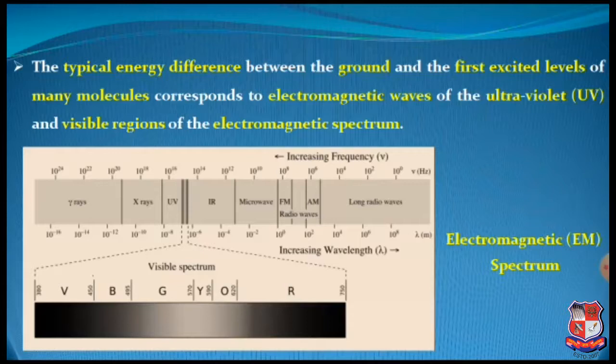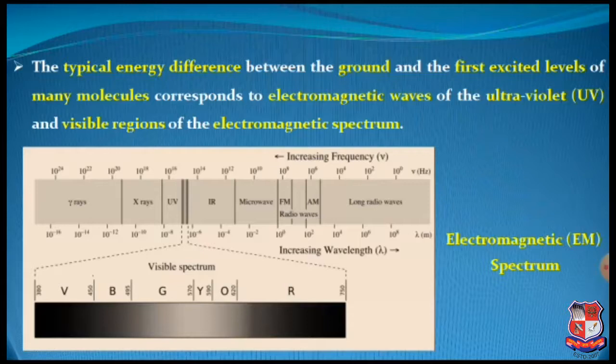The electromagnetic spectrum is shown in this figure, where different regions like gamma rays, X-rays, ultraviolet, visible. The visible spectrum also has different segments like violet, blue, green, yellow, orange and red.